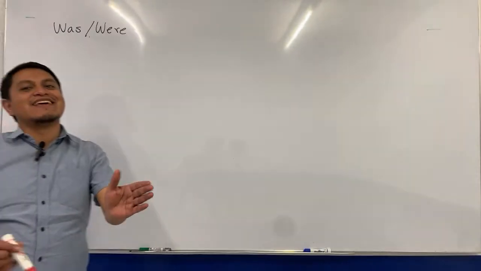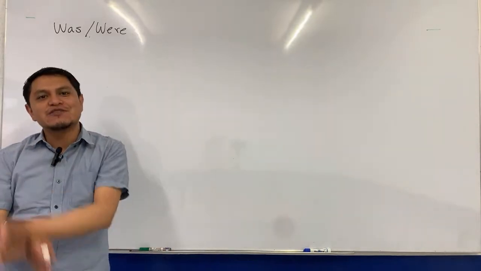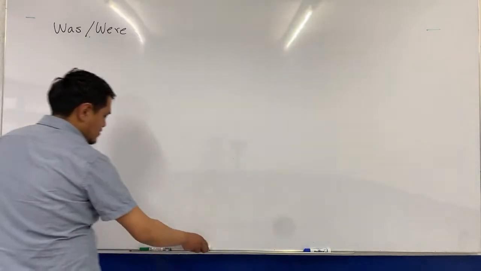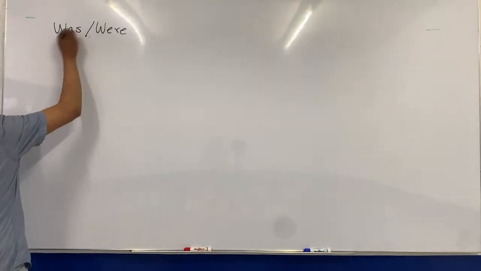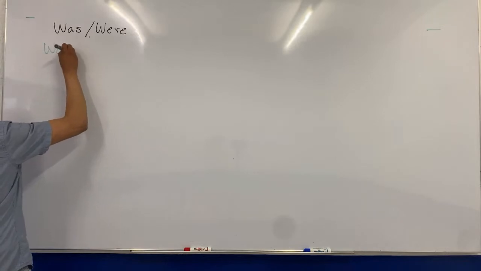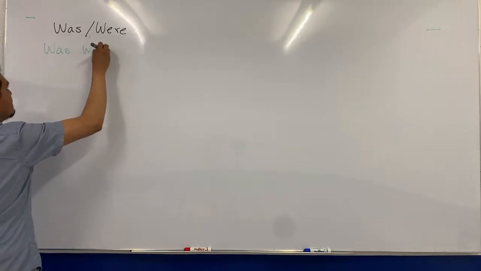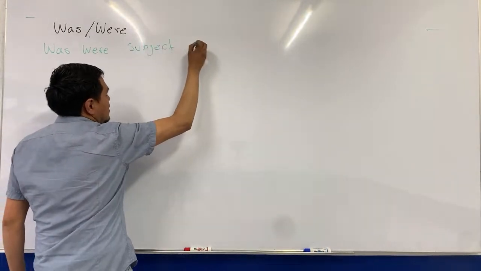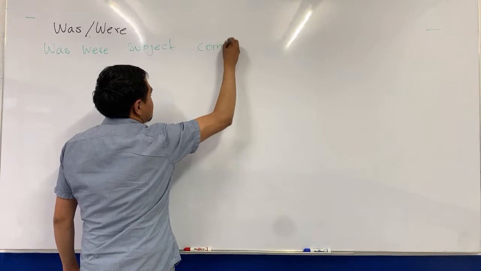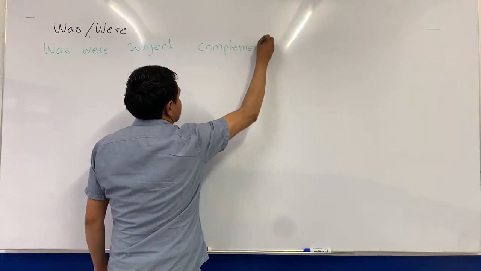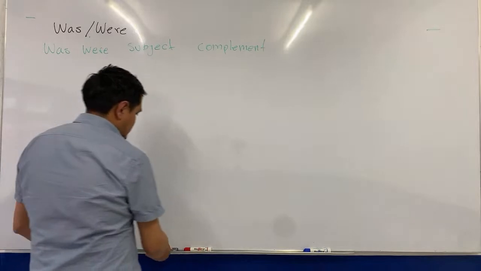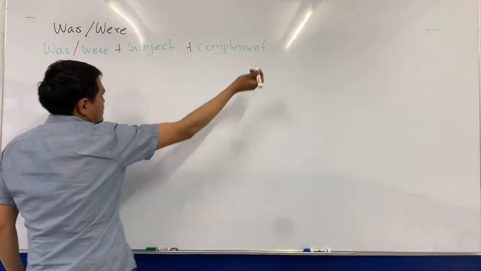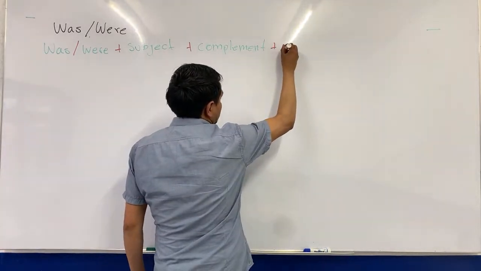The structure is the next. Was or were, subject, complement. Was or were plus subject plus complement plus question mark, right?